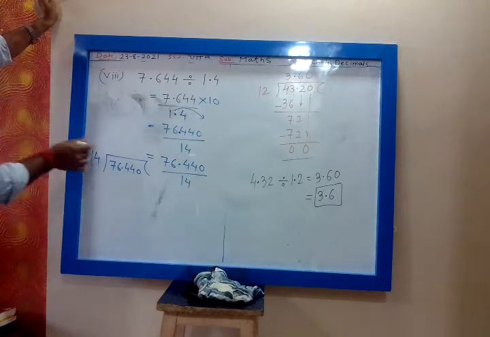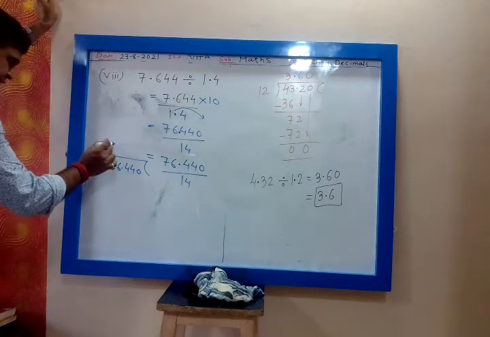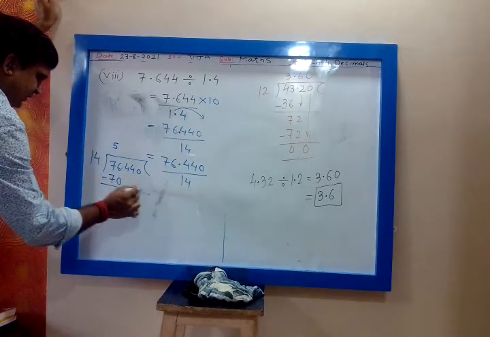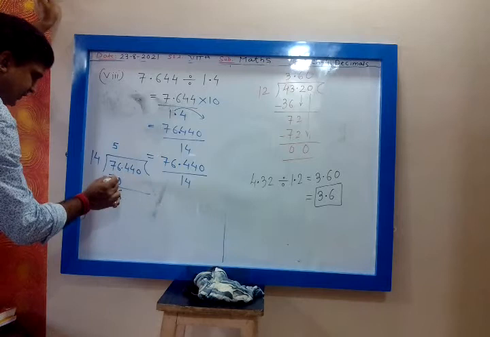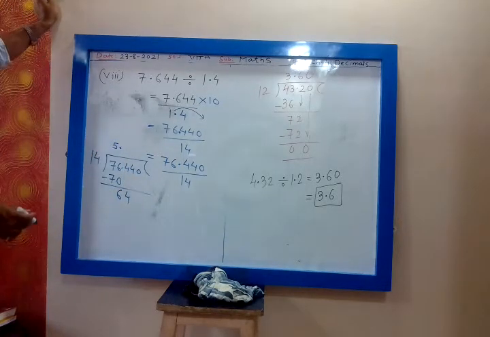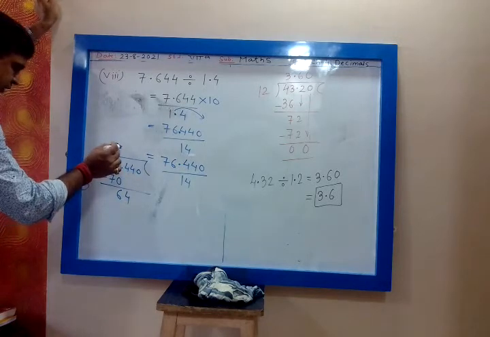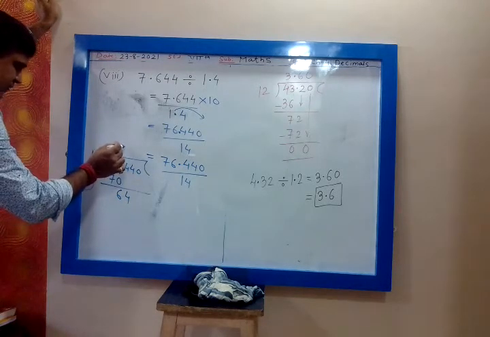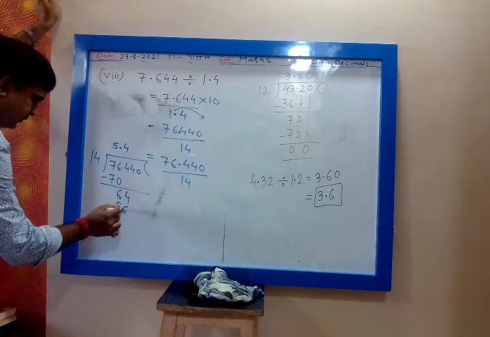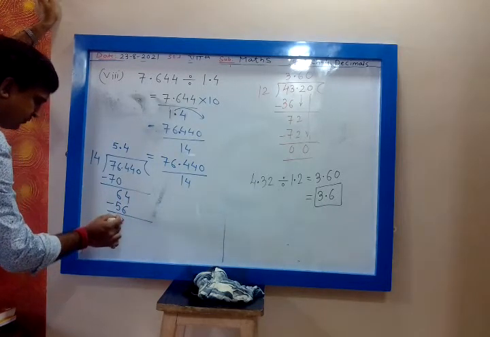14 and this is 76. 14 5s are 70. Okay. Then 6 is carried. 6 is the remainder. 6, 4 is carried. So decimal. 14 5s are 70. 14 4s are 56.